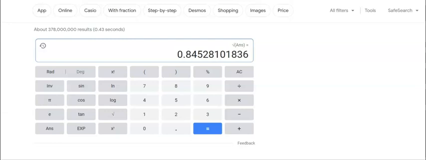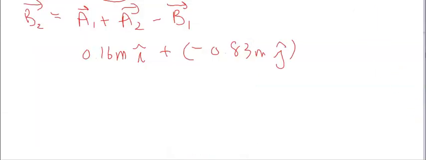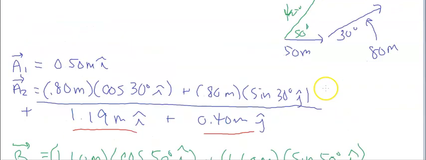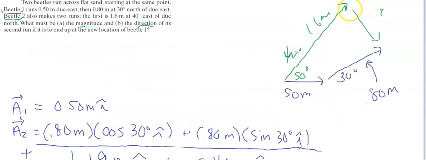Actually, if you didn't round earlier, you may have gotten 0.84. So the answer to part A is 0.84 meters for the magnitude. By the way, we should check our answer against the diagram we drew earlier. Is it going slightly in the positive x direction, and is it going in the negative y direction? I know this is not to scale, but that's in line with our drawing.